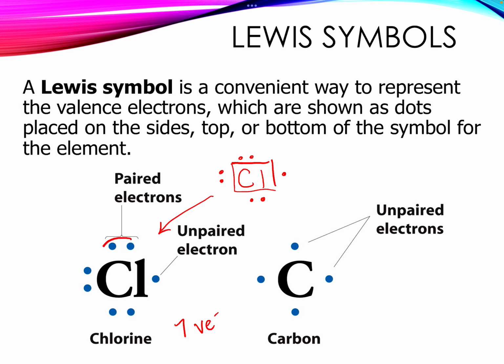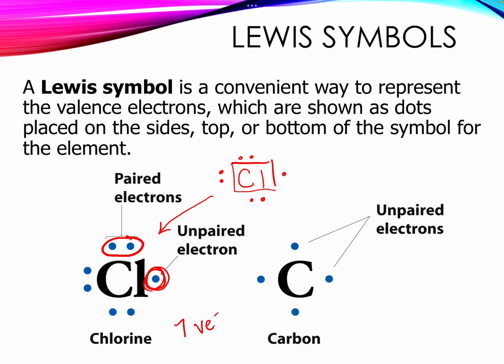If there are 2 on a given side, those represent paired electrons, and paired electrons are not involved in bonding. However, unpaired electrons, when there's only 1 on each side, are involved in bonding. And so those are going to be really important to our drawing of Lewis structures in today's lecture. You'll notice chlorine only has 1 unpaired electron, which means that chlorine is only going to make 1 bond.